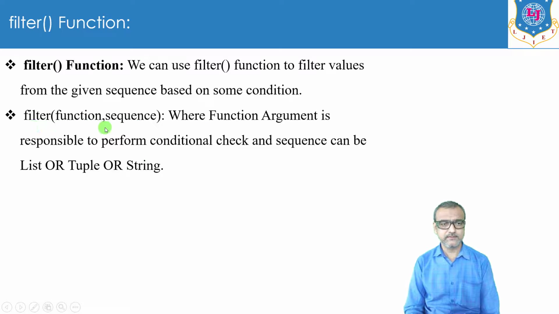This is the syntax of filter function, where function argument is responsible to perform conditional check and sequence can be list or tuple or string. This function is a function argument. This is responsible to perform conditional check, and this sequence can be list or tuple or string.